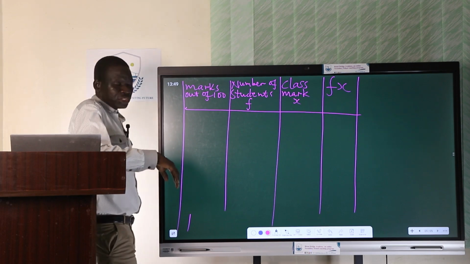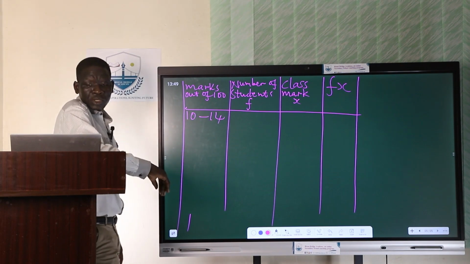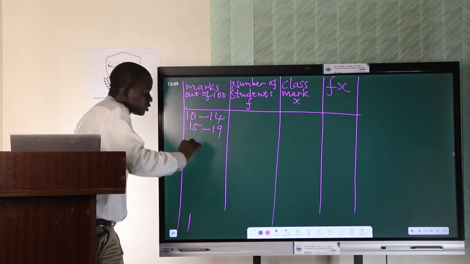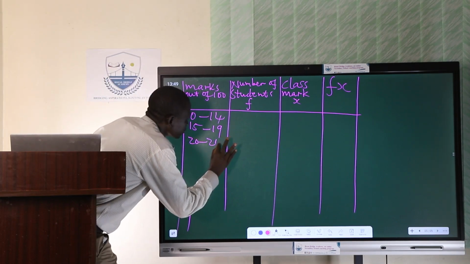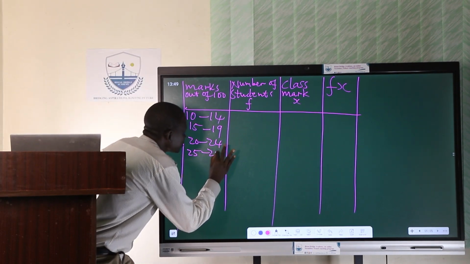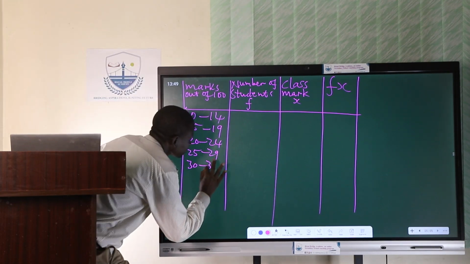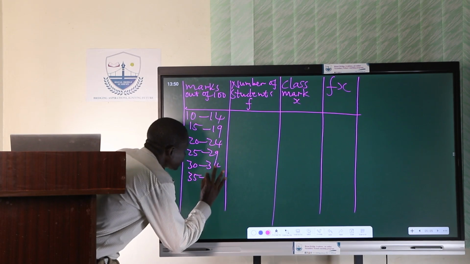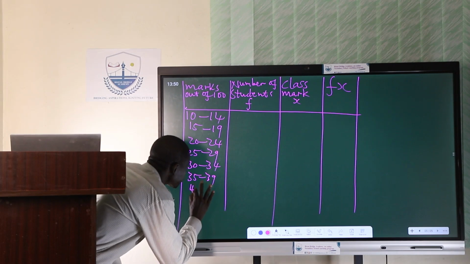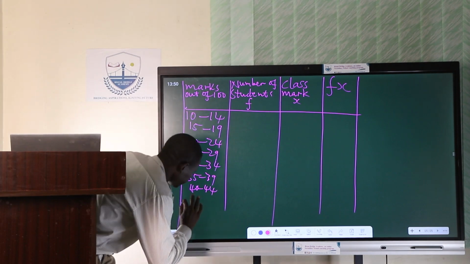Now, in the first column, we have 10 to 14, 15 to 19, 20 to 24, 25 to 29, 30 to 34, 35 to 39, 40 to 44, 45 to 49.